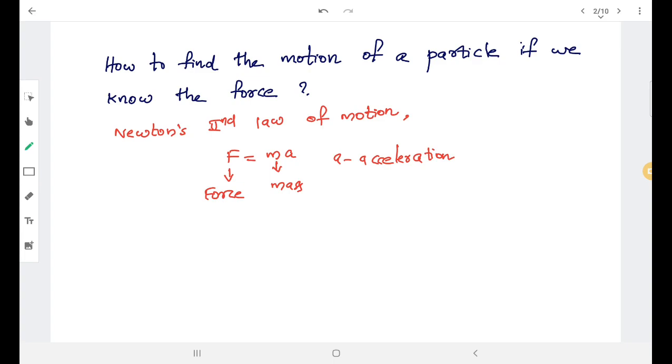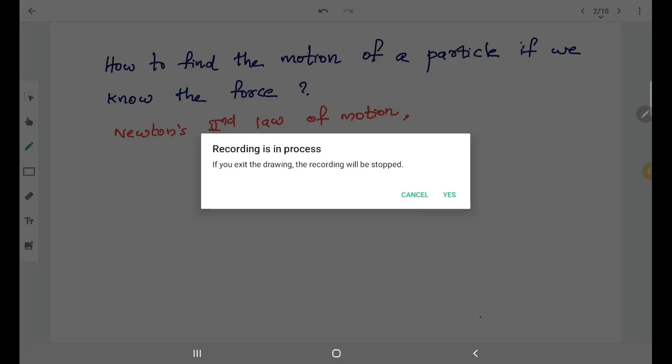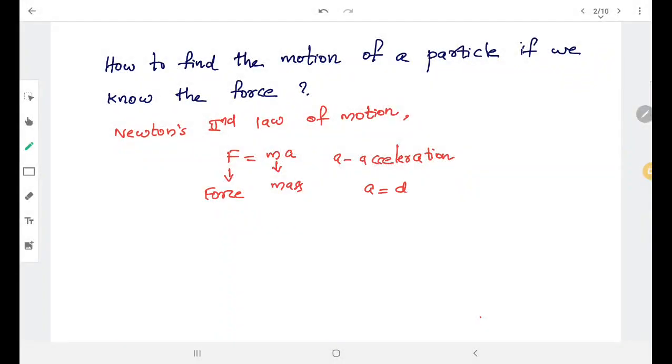Now how can we find acceleration? We can solve this equation and we can find acceleration. Knowing the acceleration, we can find the velocity. How? Acceleration is the derivative of velocity. So by integrating the acceleration, we will get the velocity.